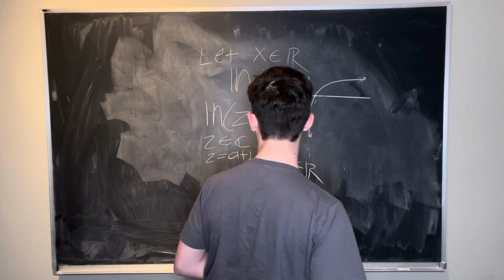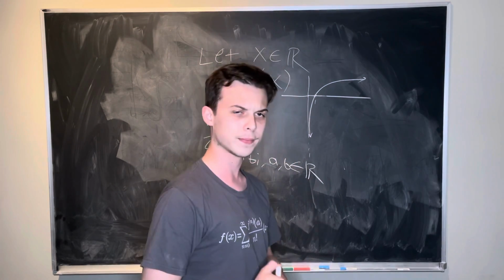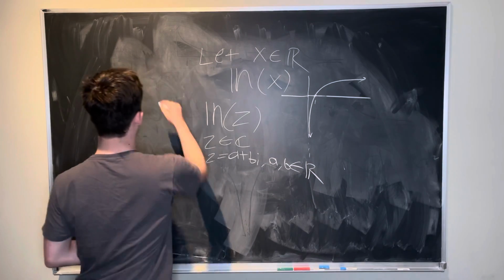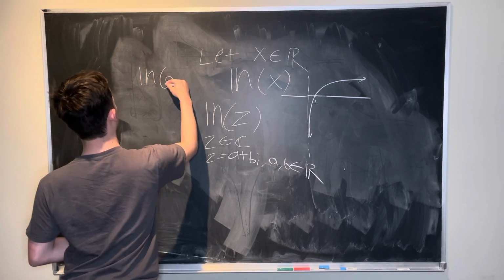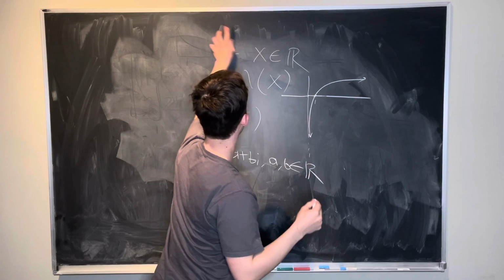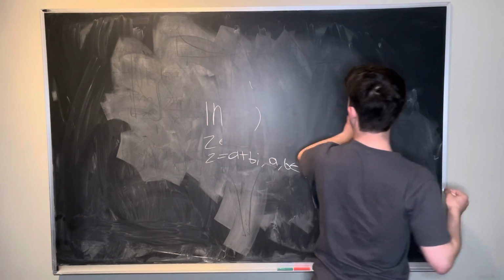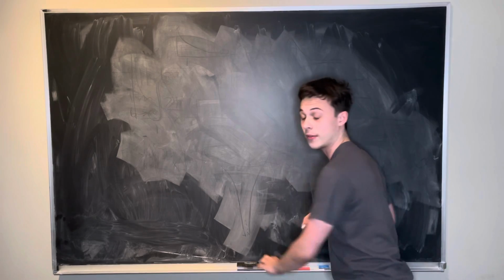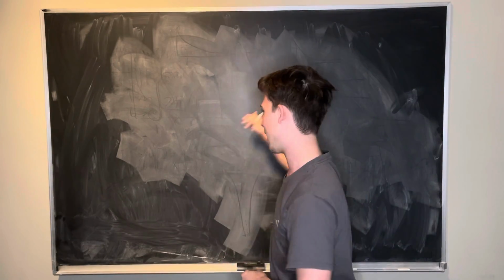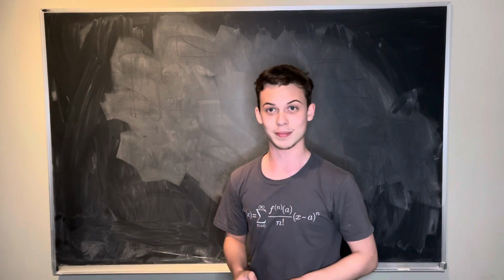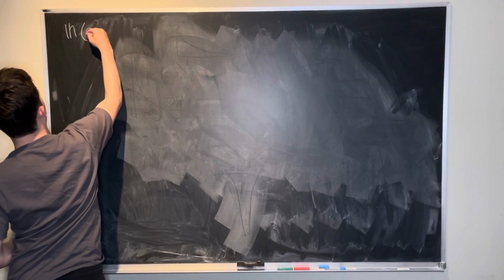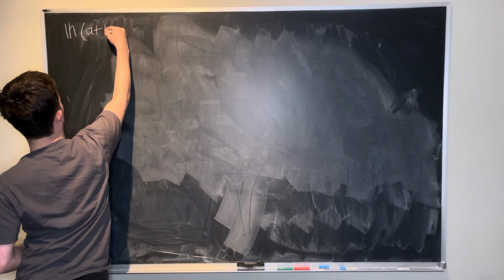So we're going to look at the natural logarithm of a complex number. I'm actually going to go ahead and erase this and start on the top left, because I have a bad habit of starting in the middle of the board and then not having any room when I am halfway through the problem. So I'll start here, and consider that we want to find the natural logarithm of a complex number.